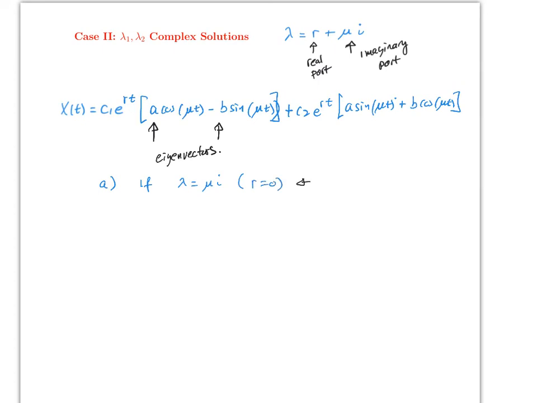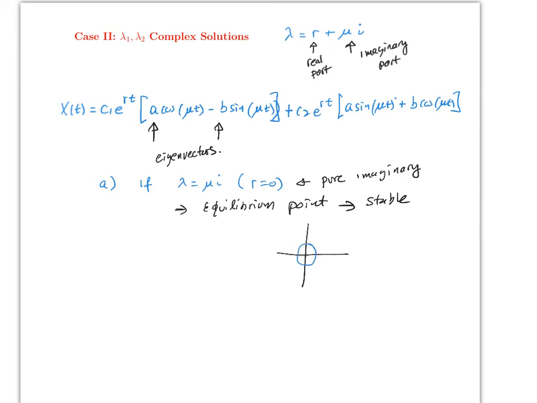This is called pure imaginary, because the real part is not there. In this case the equilibrium point is going to be stable, and when you do the phase portrait, it's technically just a bunch of circles. So this is stable.